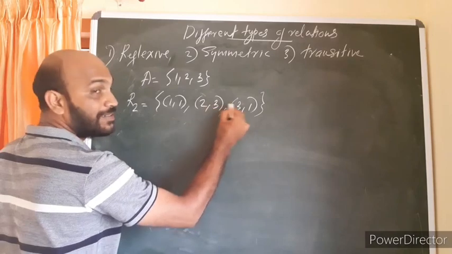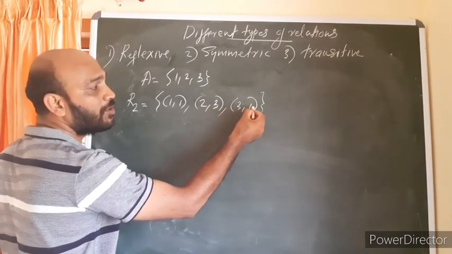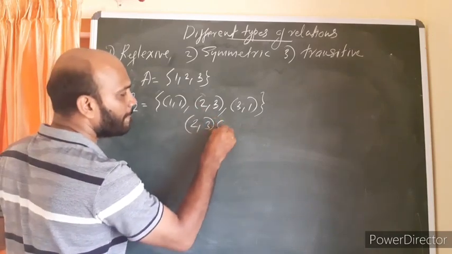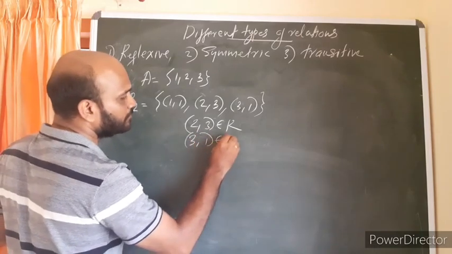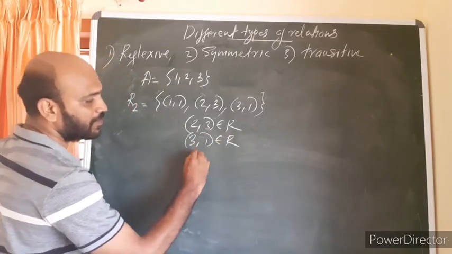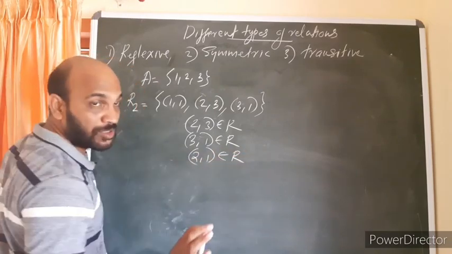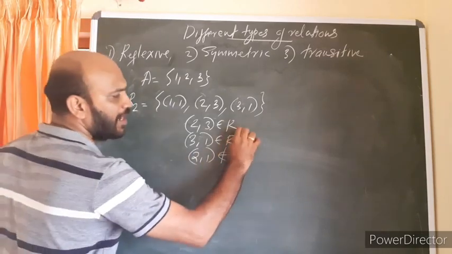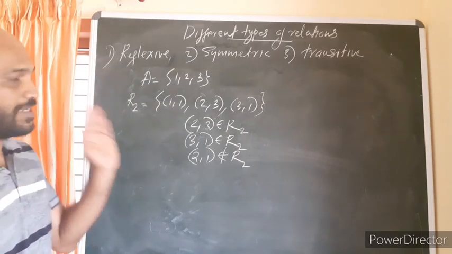But we can combine 2, 3 and 3, 1. If 2, 3 belongs to R and 3, 1 belongs to R, there should be AC, which means 2, 1. But 2, 1 is not in R2. So R2 is not transitive.